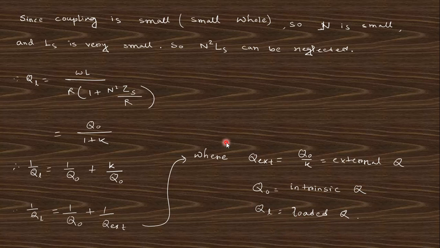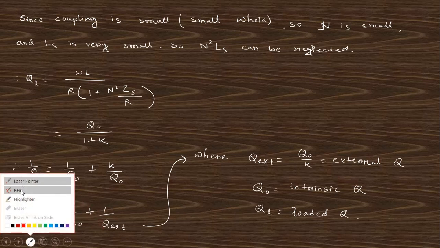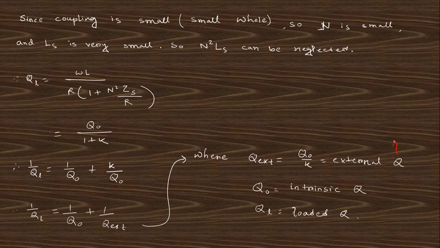They are related by the relation 1 by QL equal to 1 by Q0 plus 1 by Q external. Q is the quality factor of this cavity resonator.